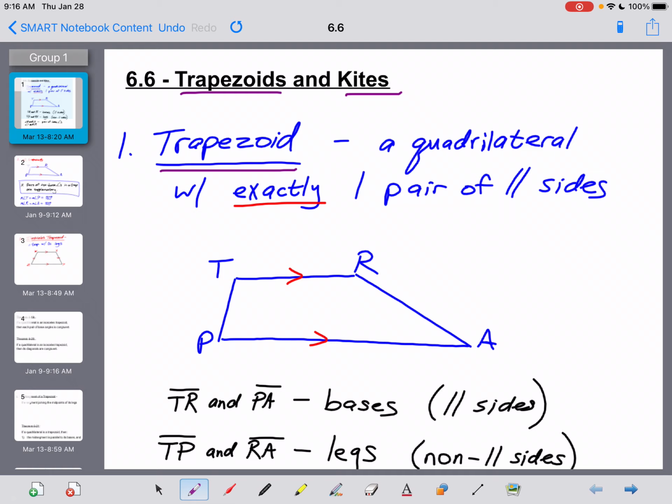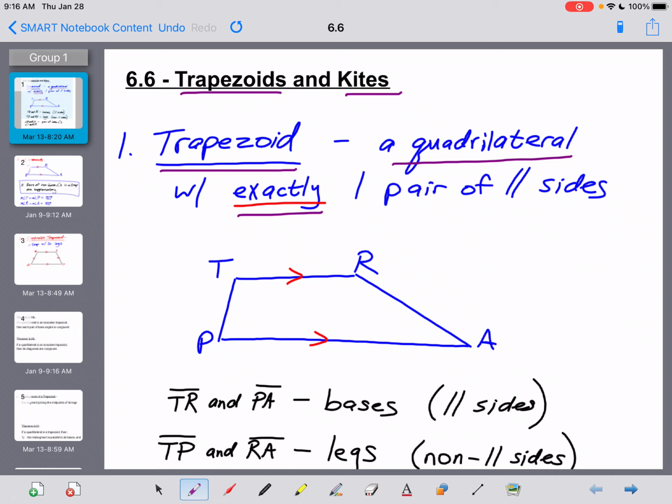That's the way the definition for rectangle, rhombus, and square, actually all three of them, began. This one doesn't. So it's important to note that a trapezoid is a quadrilateral, which is a generic word for a four-sided polygon that has exactly one pair of parallel sides. Not more, not less, exactly one pair.